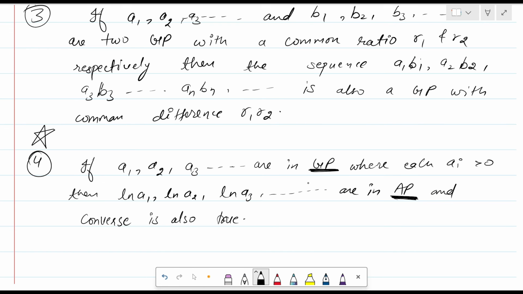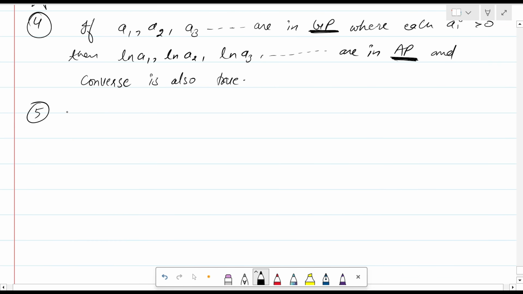So now we are writing another property. If we have to assume three consecutive terms in a GP, what will we assume?